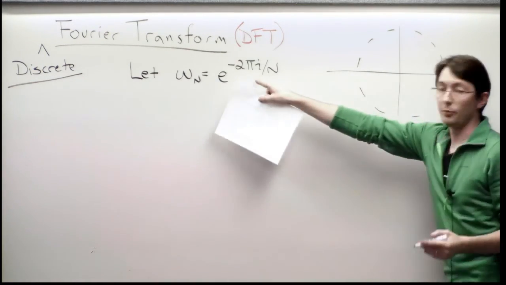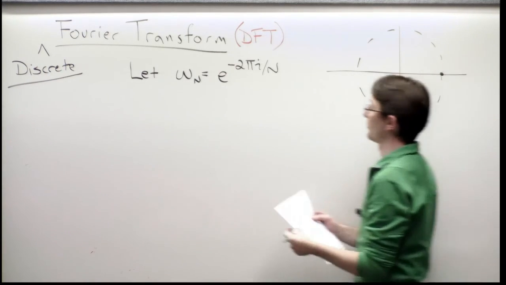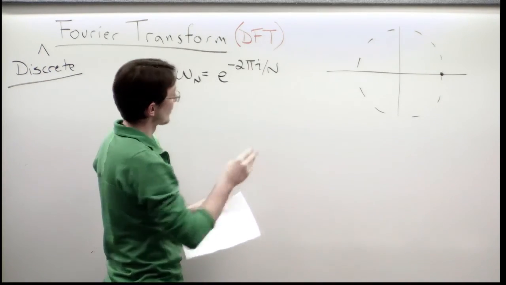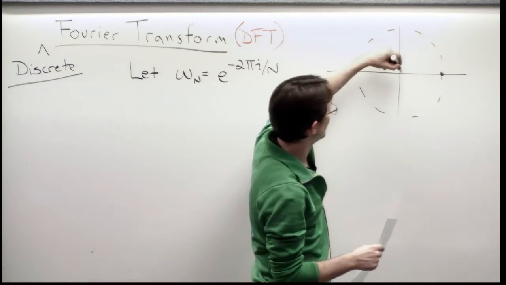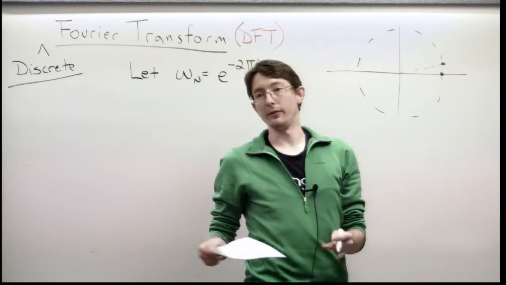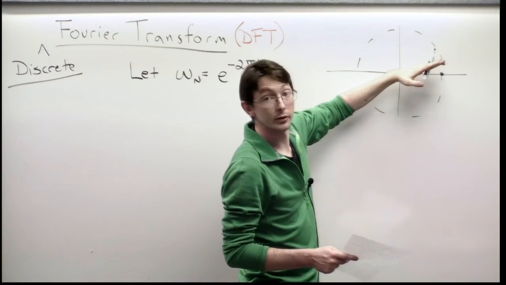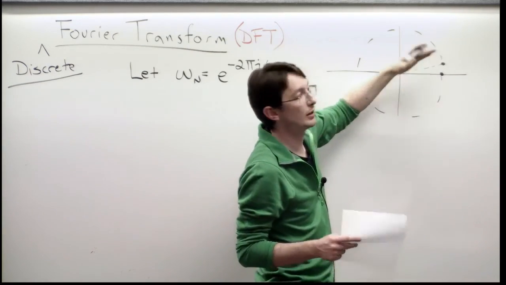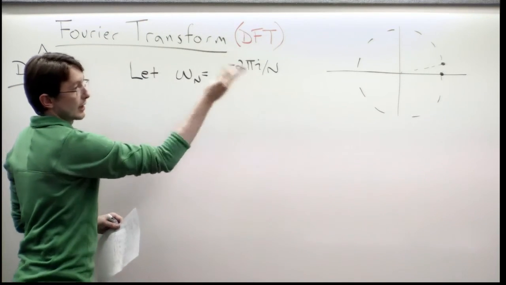So e to the 2 pi i means I've gone all the way around the circle and I'm here. And if I divide it by n, then what this means is that I've moved only 1/n of the way around the circle. So if n is 10, then this is 1/10 of a full revolution. If n is 9 million, then this is 1/9,000,000th of a full revolution. Okay, that's what this number means kind of geometrically.